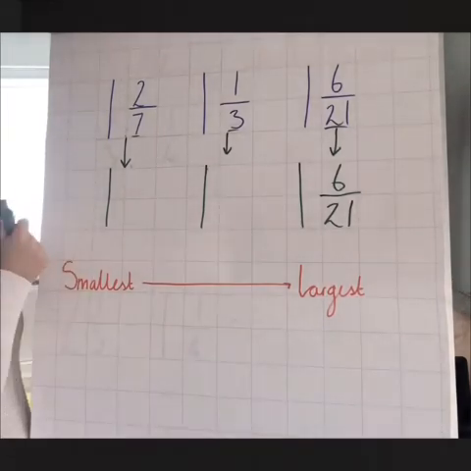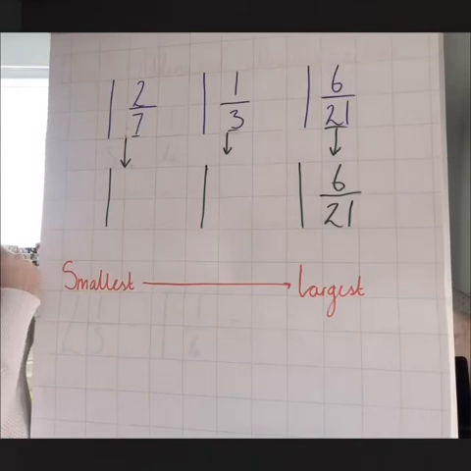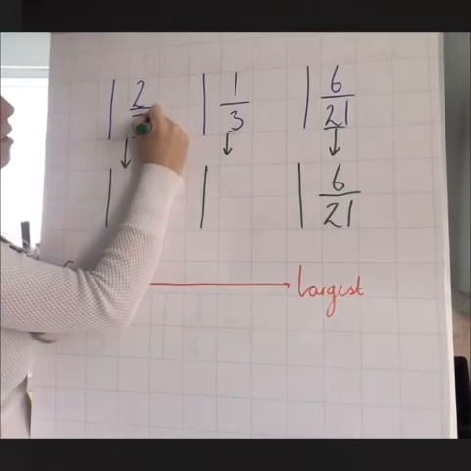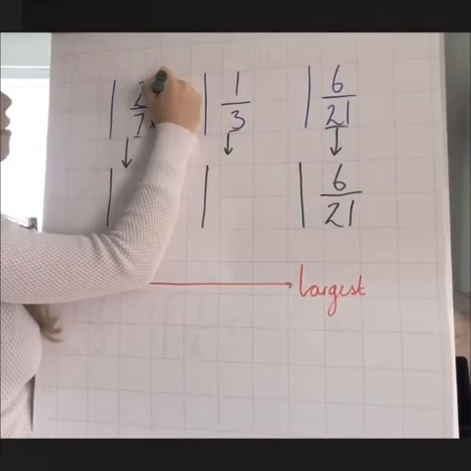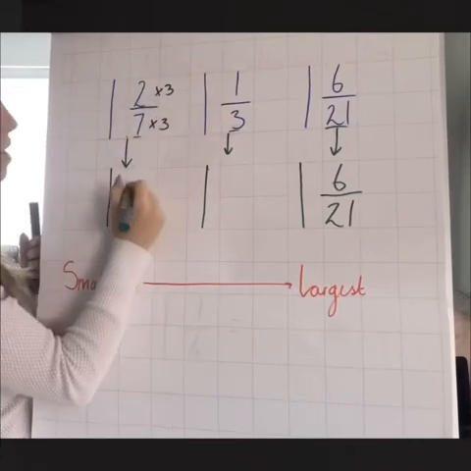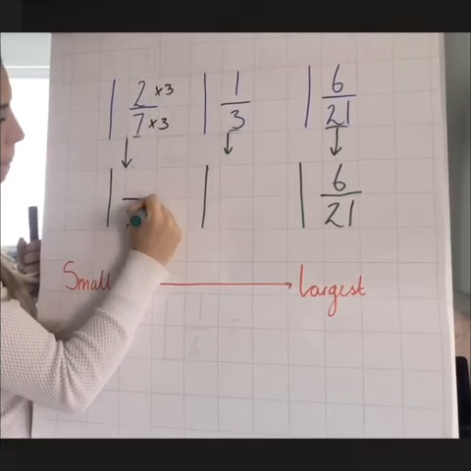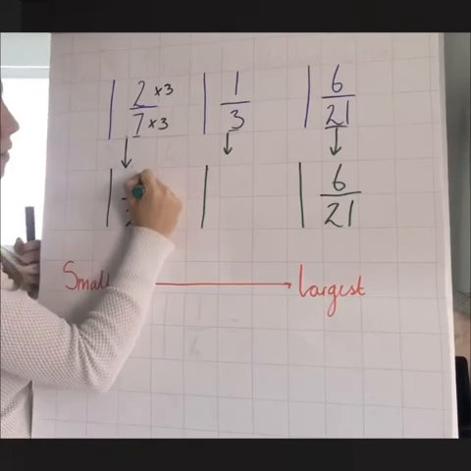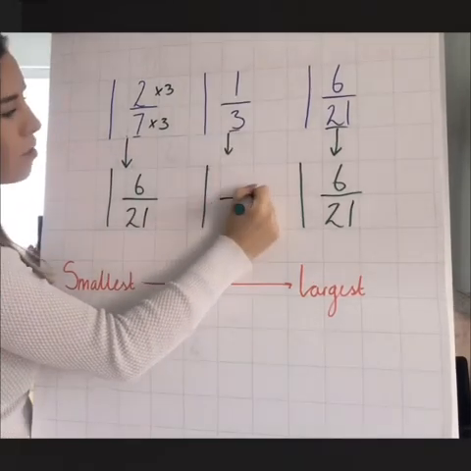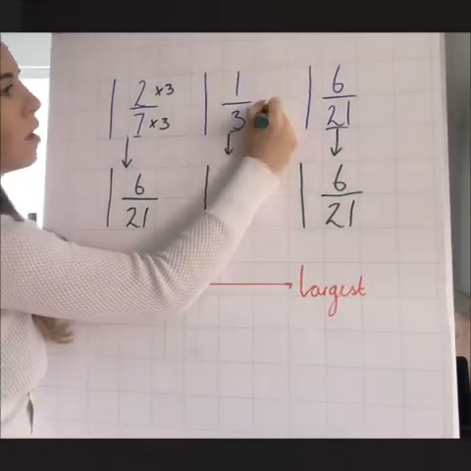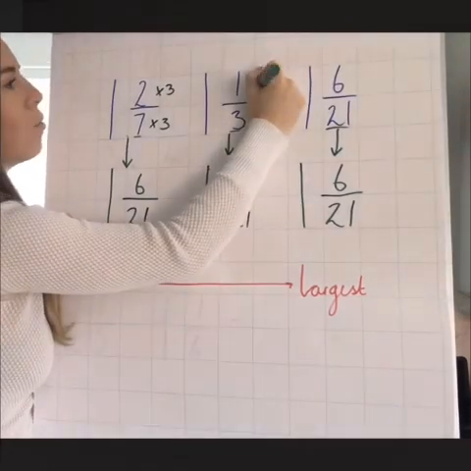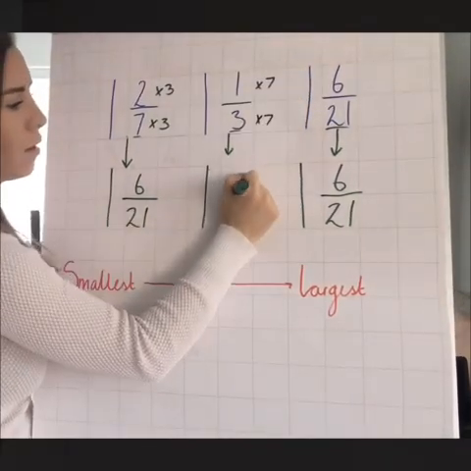So what do I need to times 7 by to get 21? 3, so times my 2 by 3 is 6. What do I times 3 by to get 21? Times it by 7, so 1 times 7, there we go.